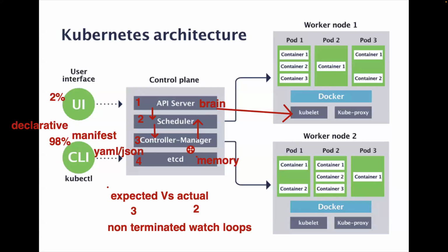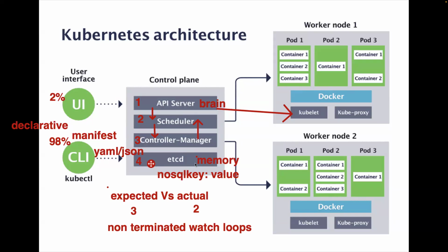All the cluster configurations are stored in etcd in the form of key-value pairs. It's a NoSQL database, not a structured query language. The data is stored in the form of key-value pairs. Which data? Cluster details, cluster configurations, not the application details. It's like a memory, like a storage where all the cluster details are stored, the cluster configurations.